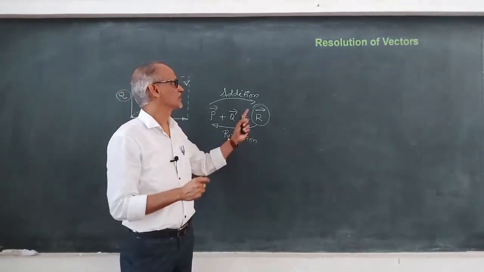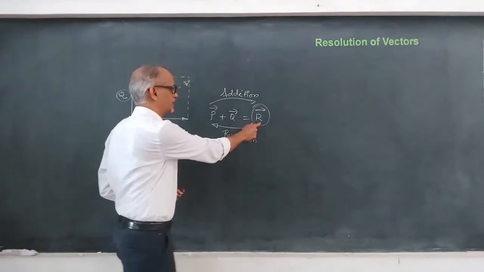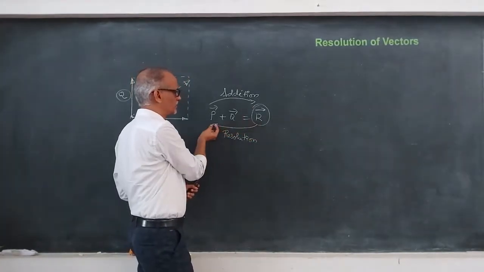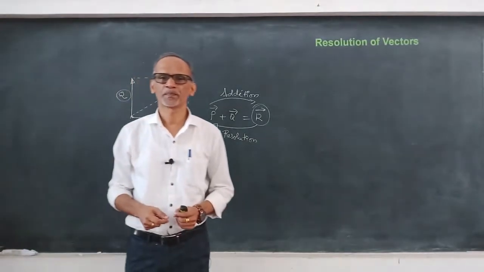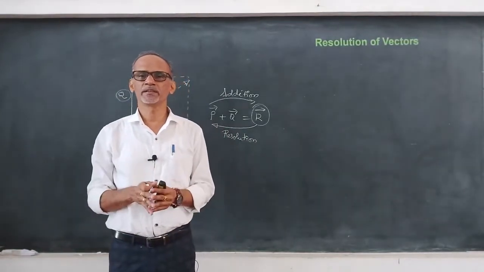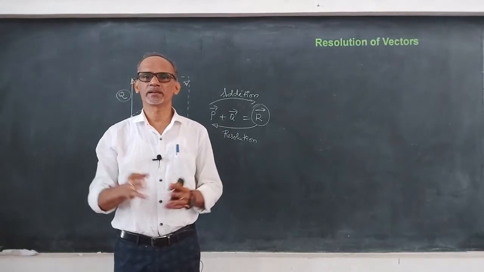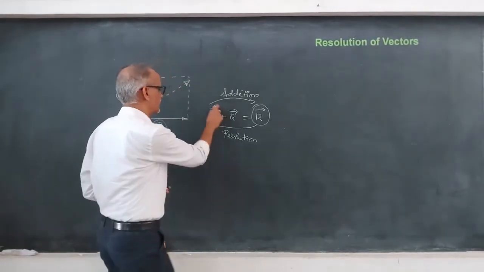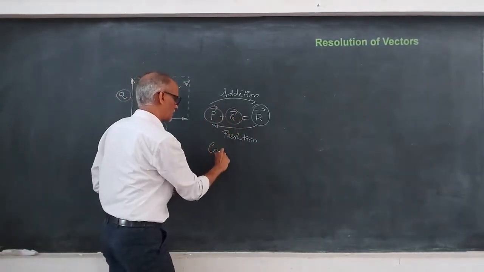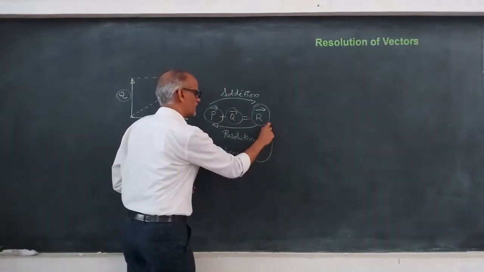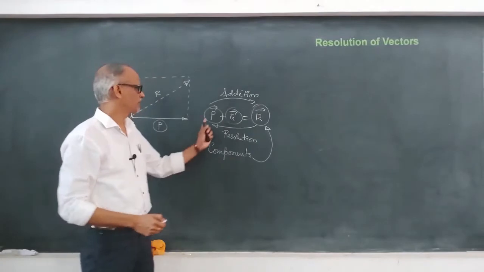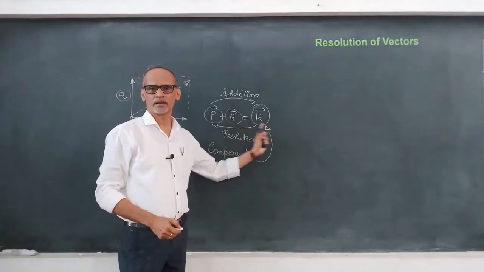Therefore, the splitting of a vector into many other vectors is called the resolution of the vectors. Are you clear? So, what is the resolution? Splitting of a given vector into many vectors, and those vectors which we get are called components of the given vector. So, here P and Q are the components of R.